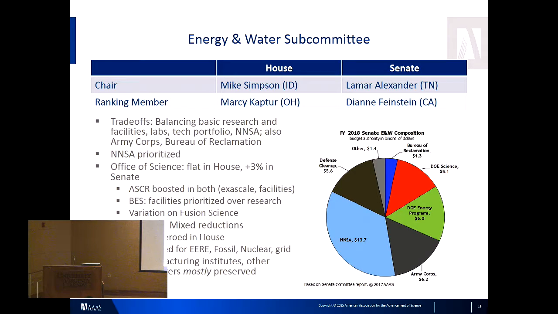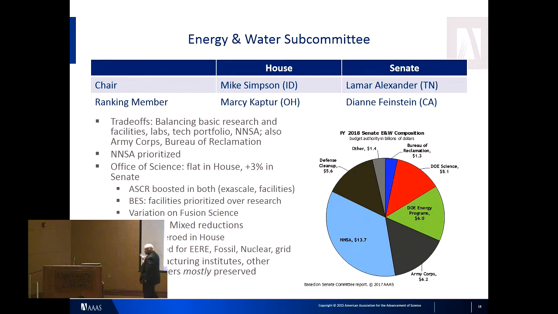Your constituents want you to take care of waste cleanup. Your constituents want you to take care of the Army Corps. Maybe there's a canal that needs dredging, or there are earthworks that need to be repaired. So you're going to fight for the Army Corps' allocation. And then you still have only about a third of the bill left for the Office of Science and DOE's applied technology programs. So how do you make those decisions?